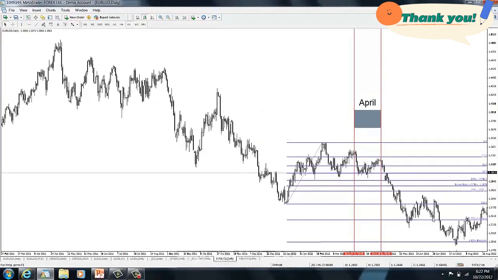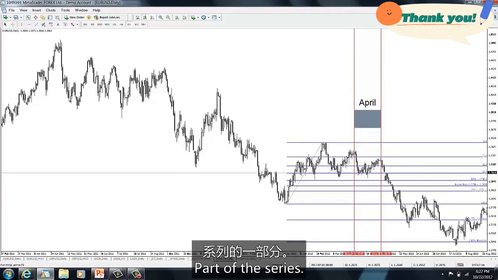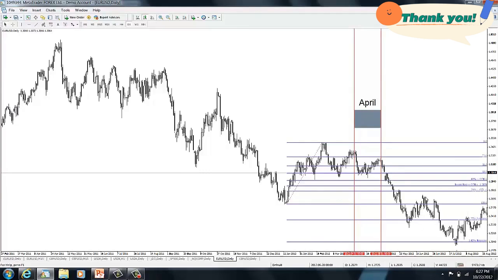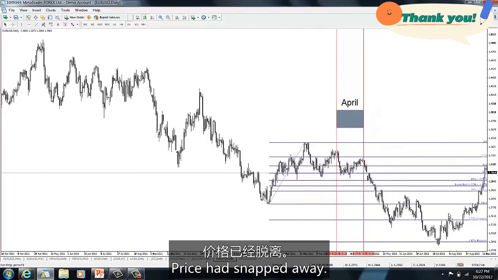We're jumping ahead really, this is the short-term trading part of the series, but price does give a correction here, trades right up into old support broken, now resistance, falls out of bed and goes to the 162 extension. Then price snapped away from that rather handsomely.